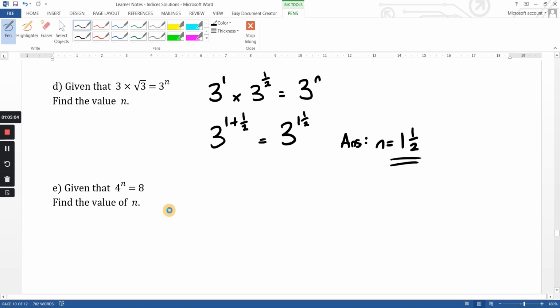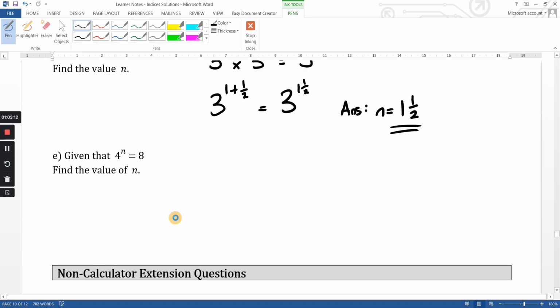Part E, given that 4 to the power n equals 8, find the value of n. Right, so that means 4 to the power something. Well, even if I square it, 4 squared, for example, is not going to give me 8, is it? It's going to be 16.